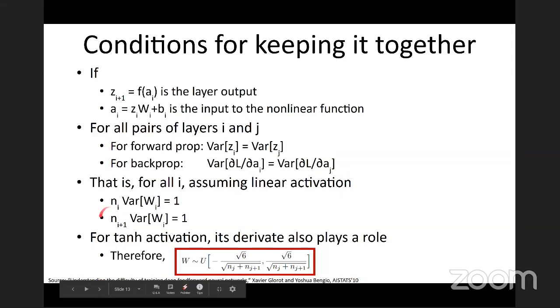And the number of neurons in the next layer times the variance of the weight should also be 1. So roughly what we get for tanh is that the weights should be initialized from a uniform distribution between minus and plus root 6 divided by root of (nj plus nj+1), where j is the layer number. If you do the Xavier initialization for deep neural networks, your lower layers will not be stuck.